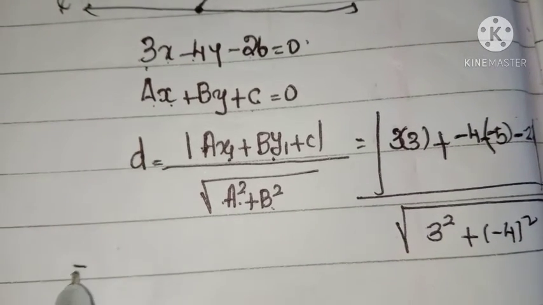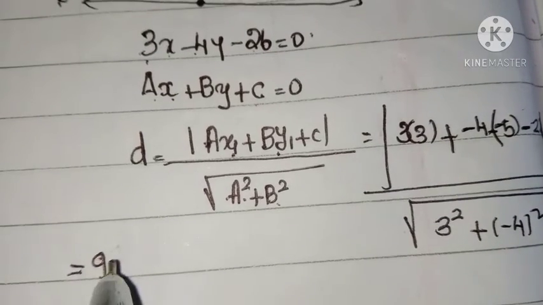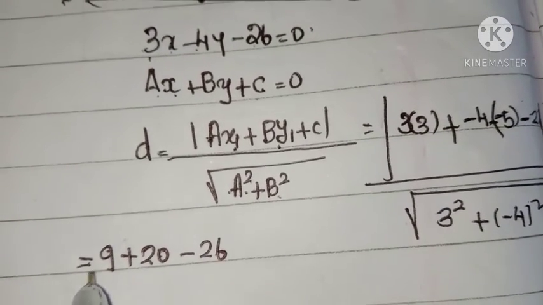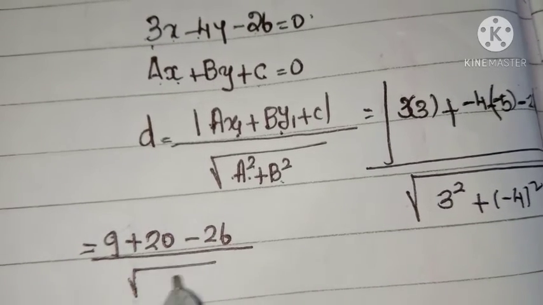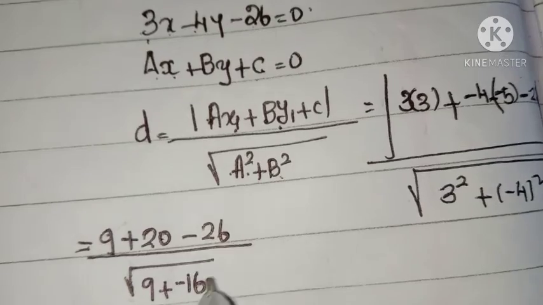This can be written as 3 into 3, 9, minus 4 into minus 5 plus 20, minus 26, divided by root of 3 square is 9, minus 4 square is 16.